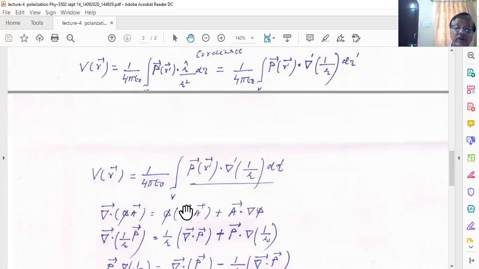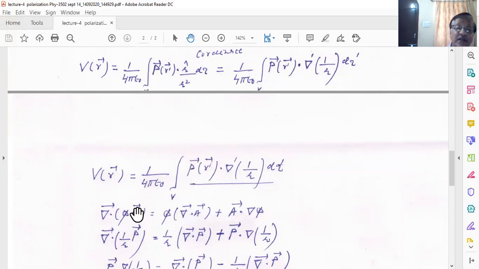And here the divergence of A will be a scalar, right? The divergence of any vector will be some number, and phi is already a scalar, so you will get a scalar. Now you can look at this product. We have two quantities here.